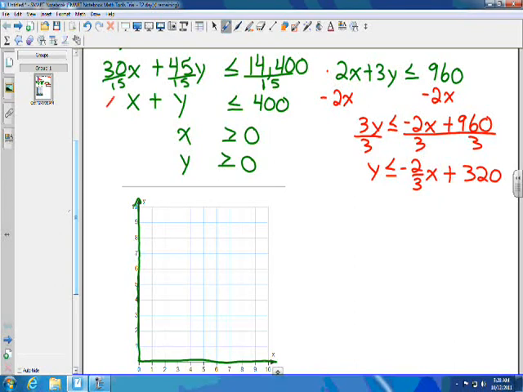And to solve this one for y, we just need to subtract the x. So y is less than or equal to negative x plus 400.